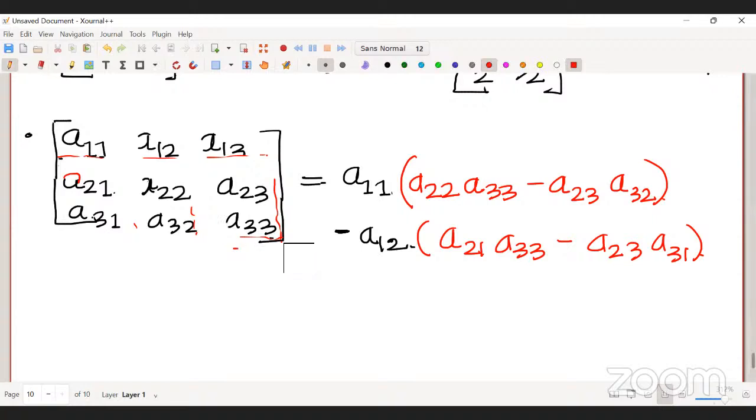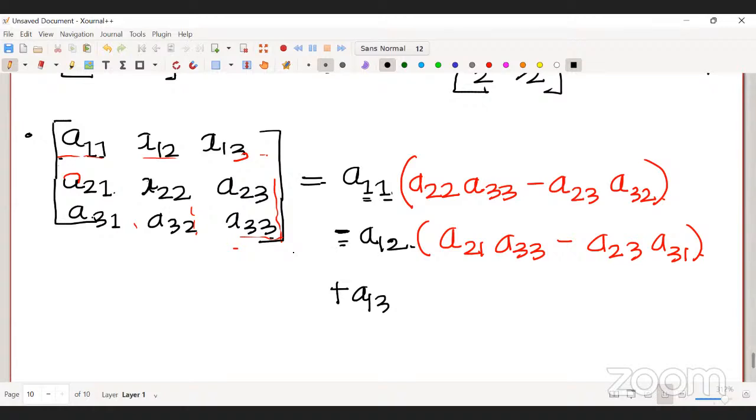The next is a13. If you add 1 plus 3, you get an even number, so you don't have a negative sign in front of a13. As you can see, for a11, 1 plus 1 gives 2, so it has a positive coefficient. For a12, 1 plus 2 gives 3, so you have a negative sign.